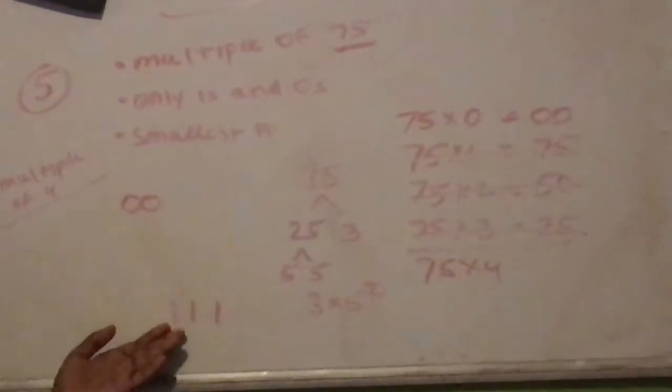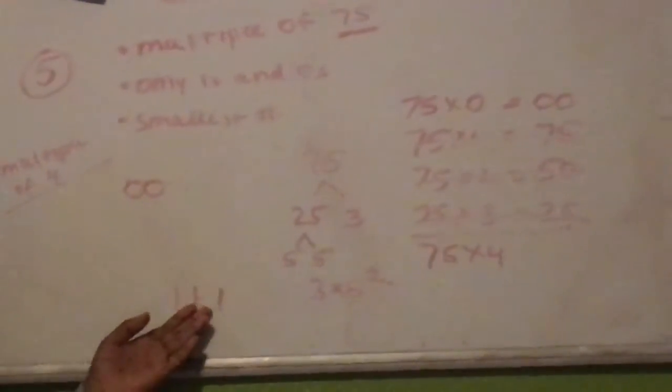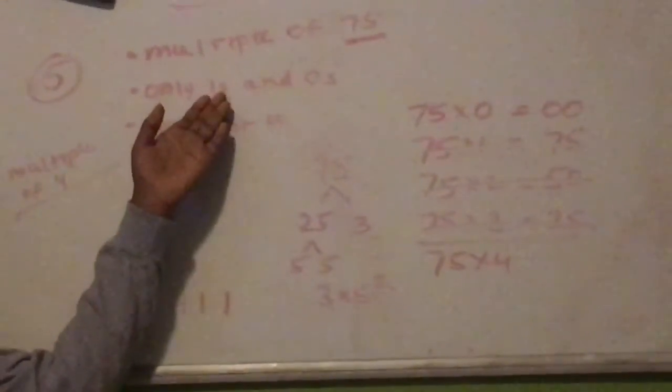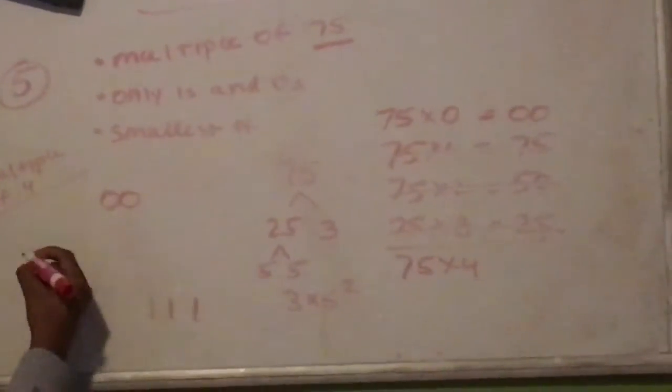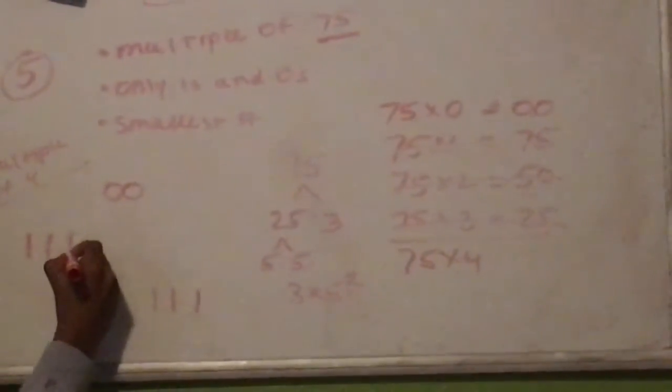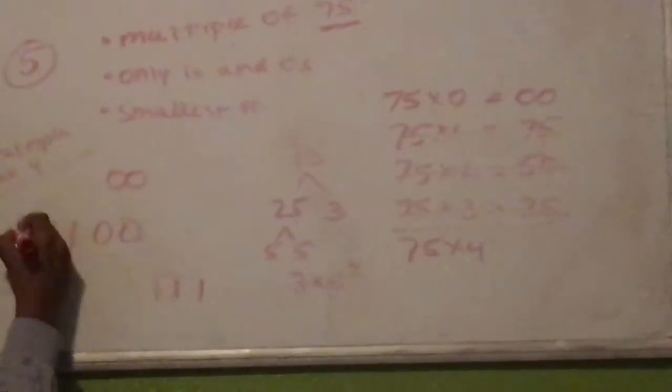Because 1 plus 1 plus 1 gives us 3, and that is a multiple of 3. And this also is the only set of numbers that satisfies this condition of using only ones and zeros. Because we want the smallest number possible, we don't need to add anything else. Our number, therefore, is 1, 1, 1, 0, 0.